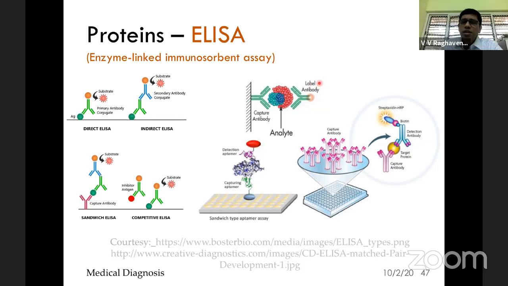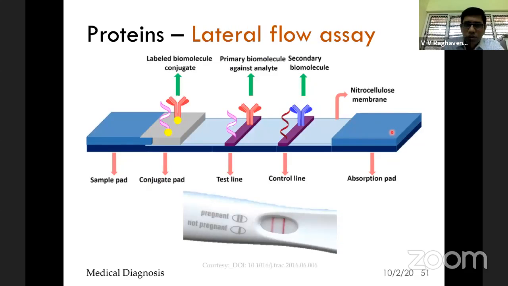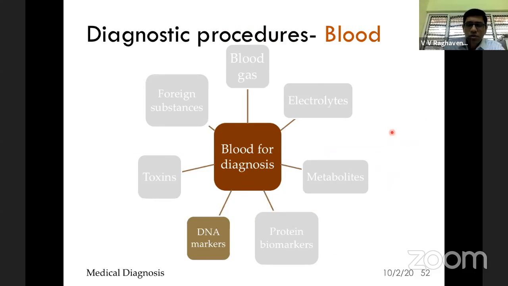That's actually still an enzyme, but the substrates are going to be different. That's what makes it different. Coming to biosensors, I'm sure you have got an introduction from many people, so I don't want to cover it. And DNA markers, of course.